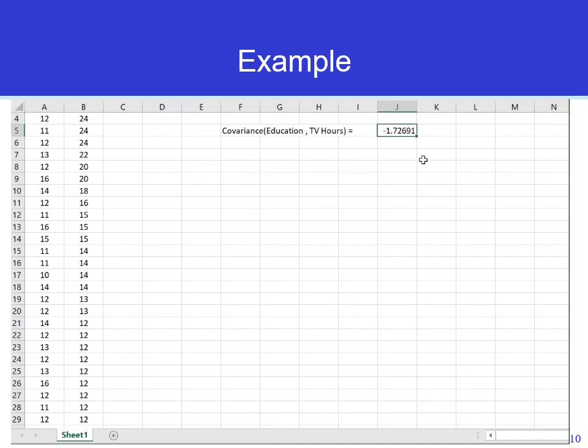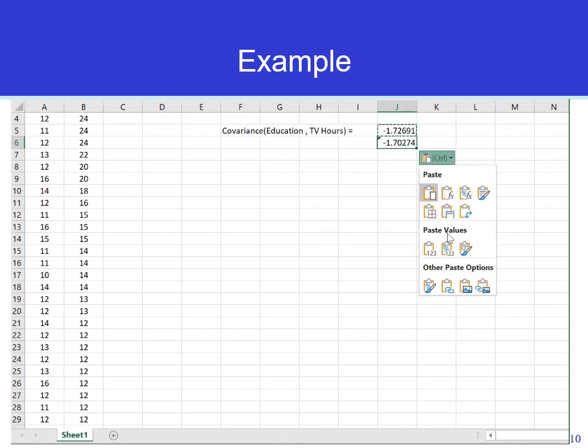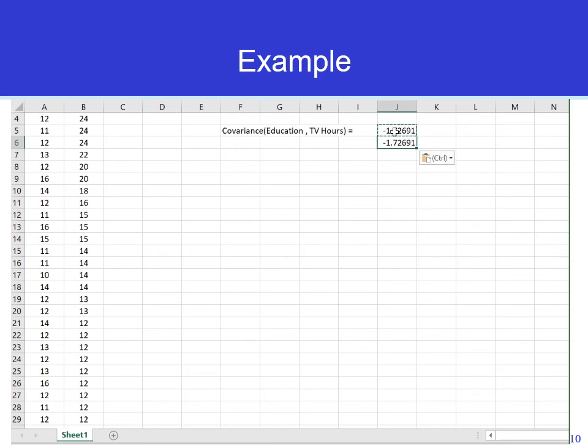Right. And this is the covariance here. I can put this here. This is just the numbers, and I'm going to do this so that you can see it. This is the formula.